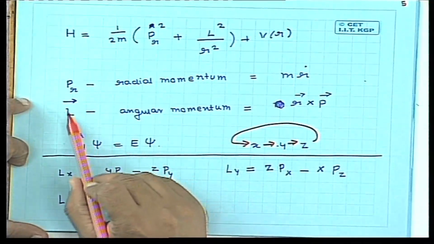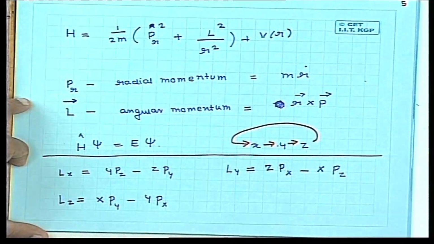So, in classical mechanics, the three components of angular momentum, Lx, Ly, Lz, are written over here. You can easily work these out from the definition that the angular momentum L is equal to r cross p.